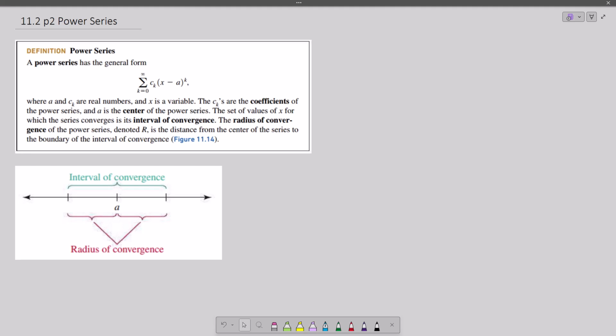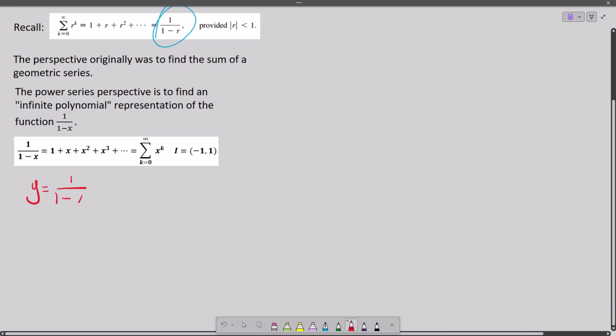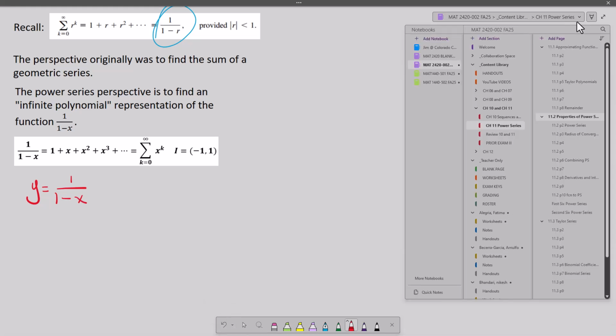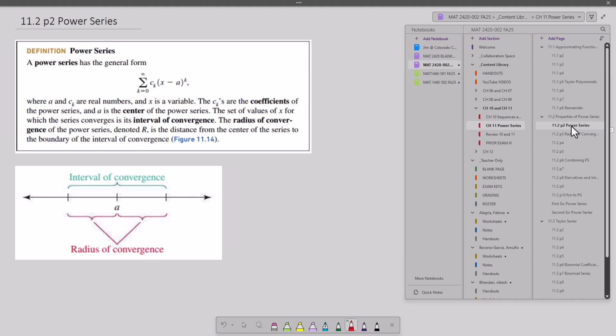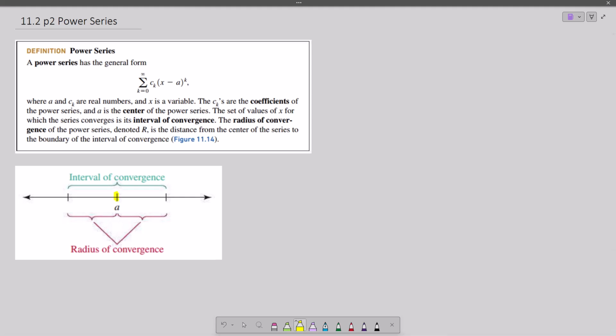When you look at that center, the values of x for which there is convergence are going to be surrounding the center. So if there are values of x that give you a convergent series, they will surround the A.